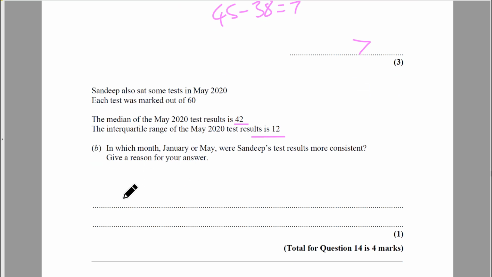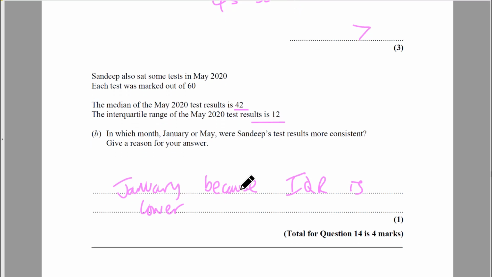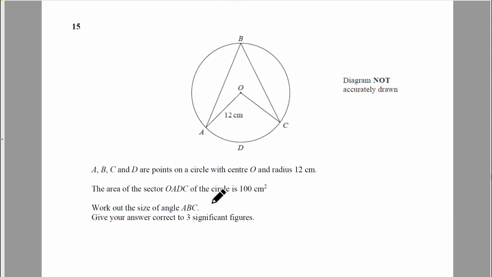And his median in May was 42, but it's got to be January because it's got a lower IQR. Seven versus 12, right? That's an easy one mark.